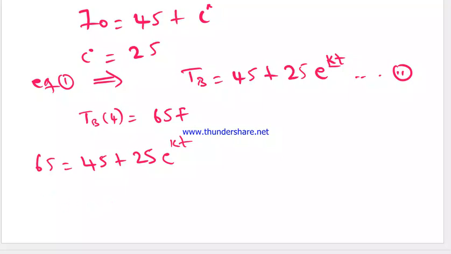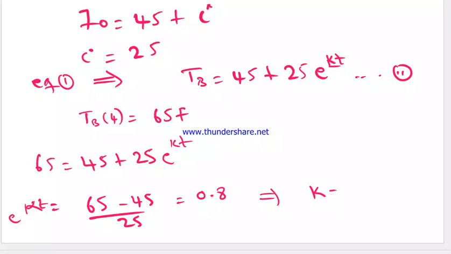When we manipulate this, we are going to get exponential KT is equal to 65 minus 45 divided by 25, and that will give us 0.8, and that means our K is equal to minus 0.056.